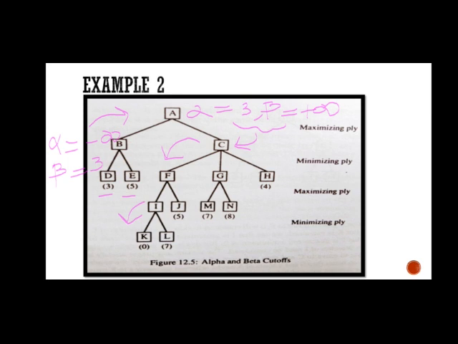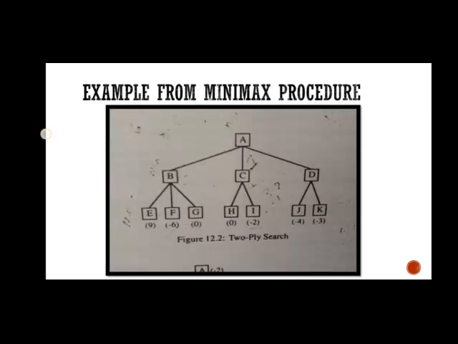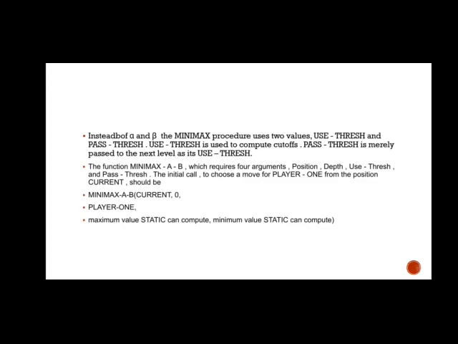And we use a function minimax AB, which requires four arguments: the current position, the depth, use thresh and pass thresh. Here we can see the minimax function and the arguments assigned to it in this example.